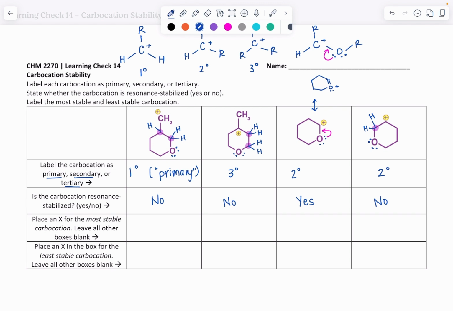All right, now we're looking for the most stable carbocation. We know that primary and secondary generally are least stable carbocations. But we also know that resonance stabilizes a carbocation. We know that tertiary carbocations are stable. So we really need to compare the stability of these two carbocations, the tertiary one and the resonance one.